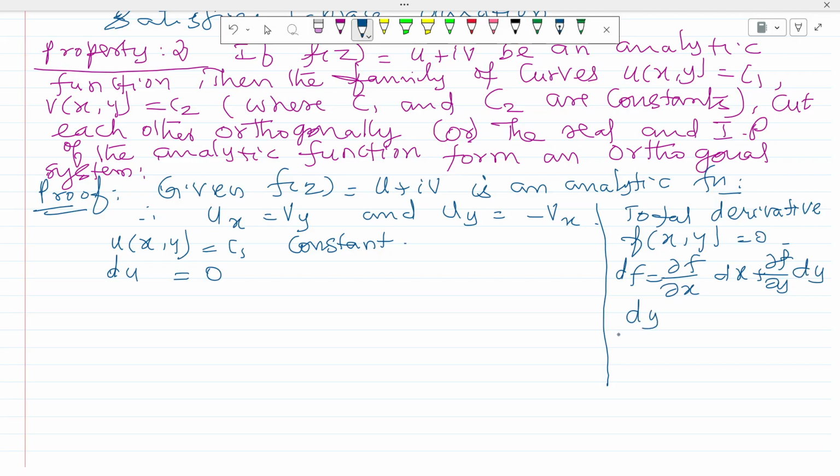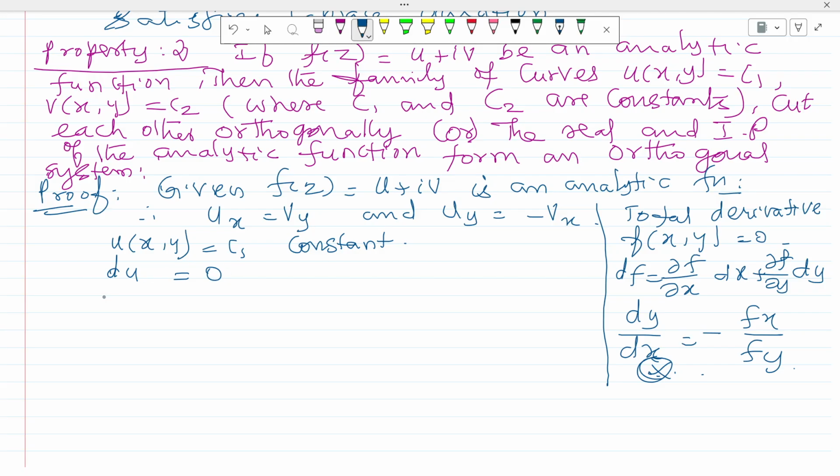Then dy by dx equal to minus, it is one important property. The same property we are using here.